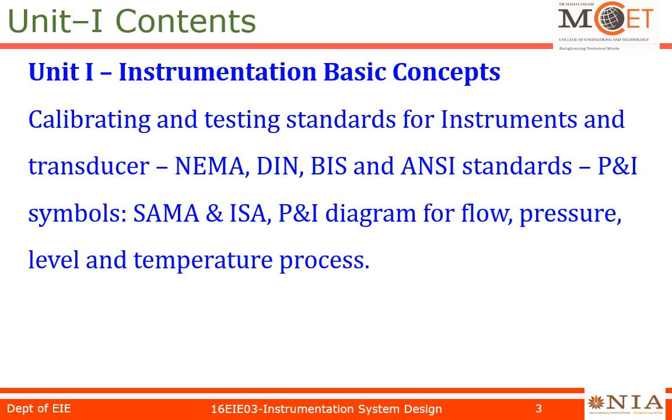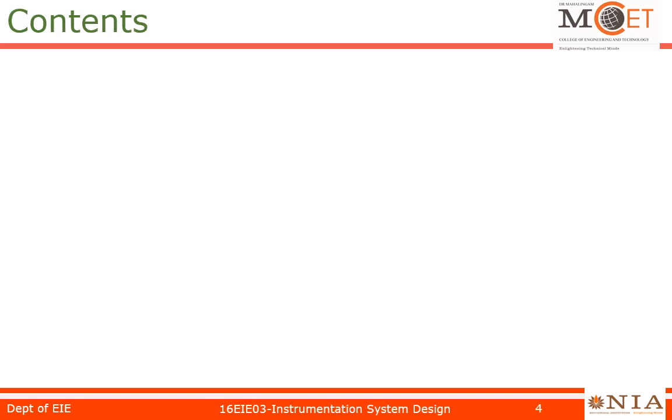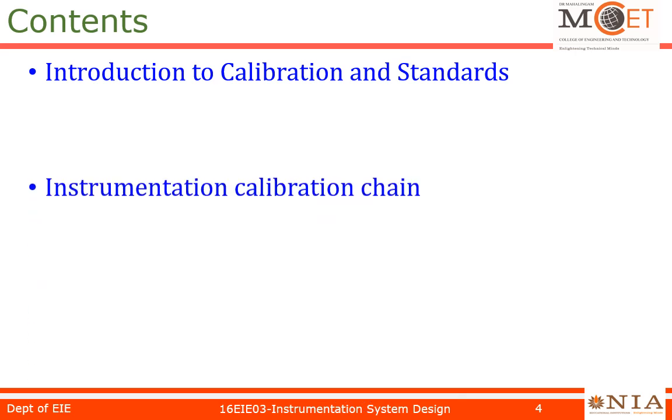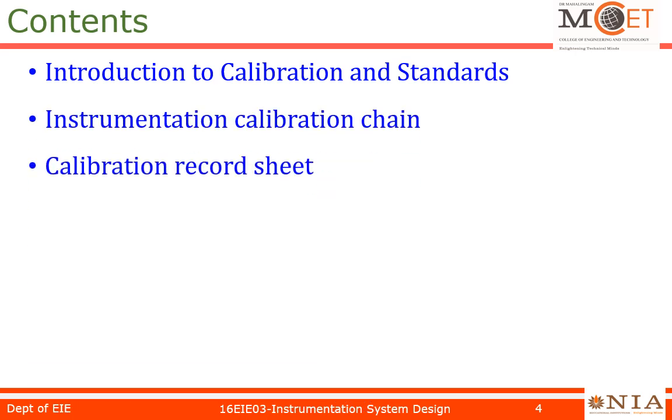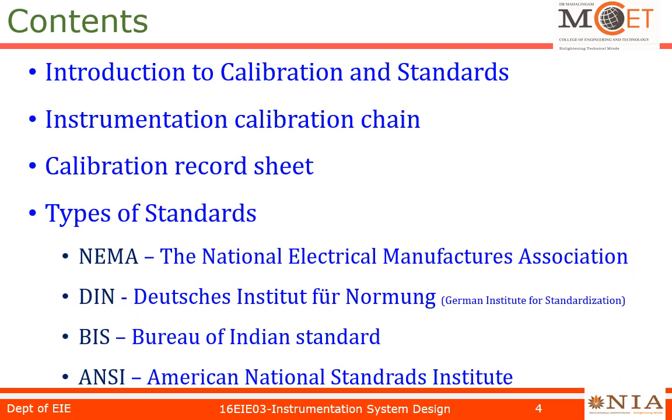Here we are going to discuss calibrating and testing standards. In this video lecture, we discuss the introduction to calibration and standards, the instrumentation calibration chain, the calibration record sheet, and the different standards.